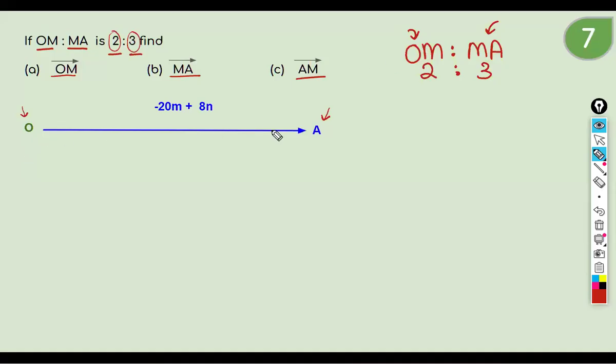So if I had to approximate where M is, I'll put M a little bit closer to O. I won't put it exactly in the middle, because if I put it exactly in the middle, that suggests that O to M is the same distance as M to A. So to make it realistic, you put M slightly closer to O, because OM is a slightly smaller portion. Everyone do that for me. Take them up to there.